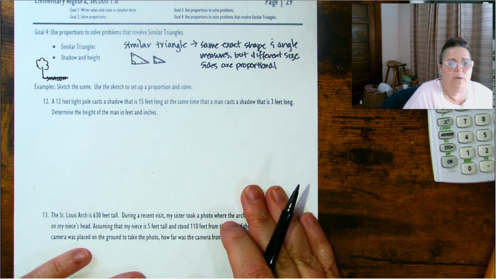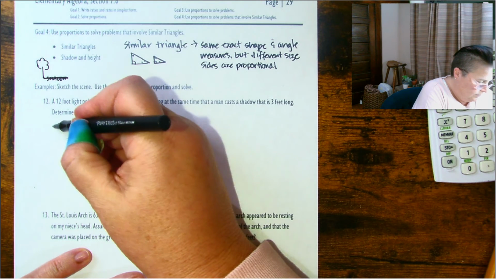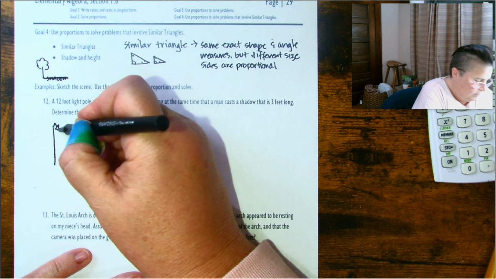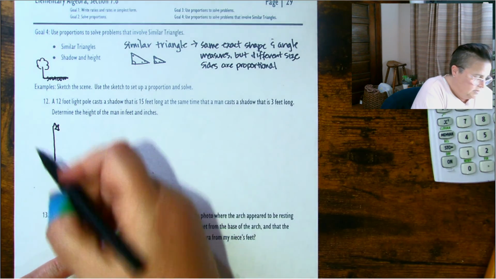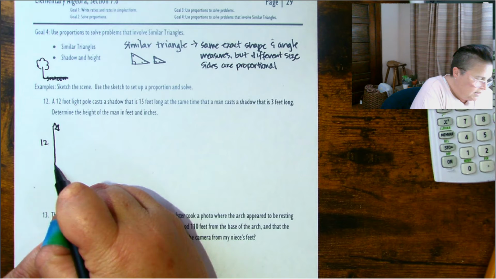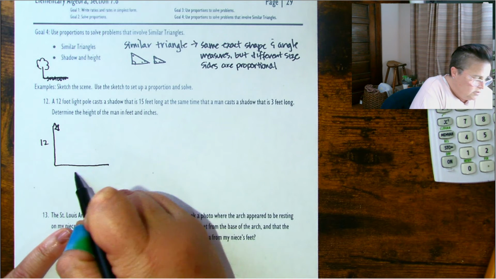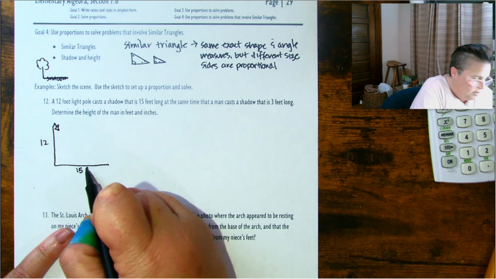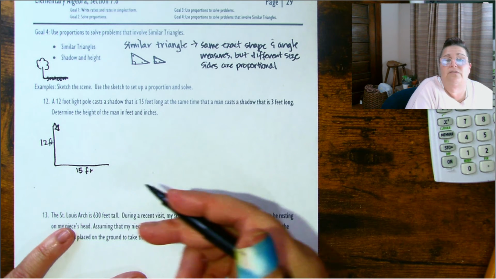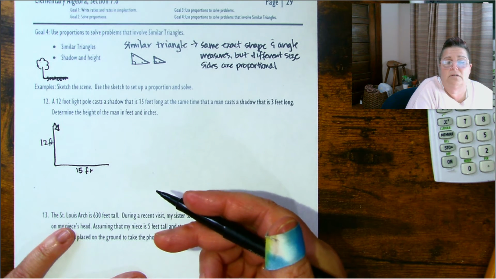So here we have a 12-foot light pole. Here's our light pole. It's going to cast a shadow that is 15 feet long. So when we say 15 feet long, we're going to assume that this shadow is on the ground and it's 15 feet long.